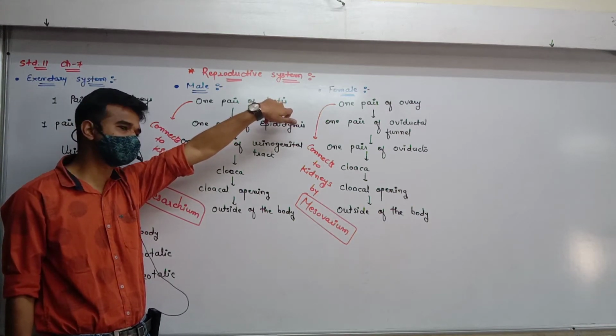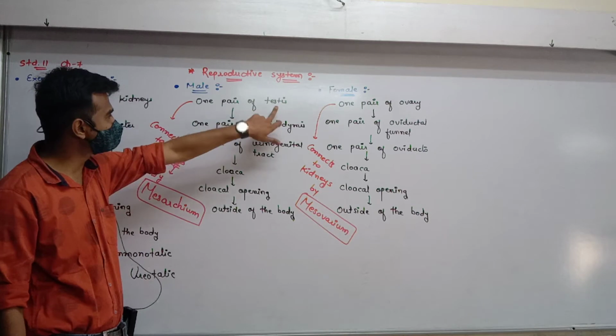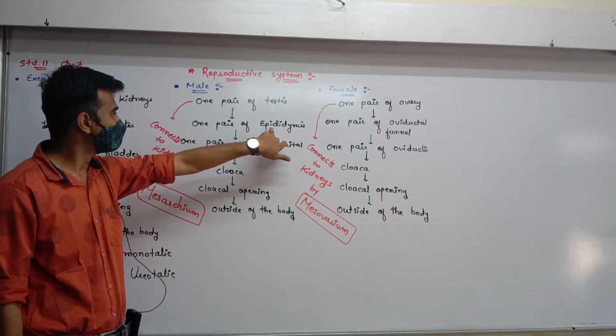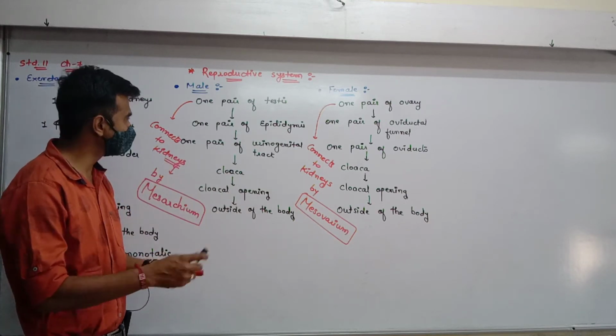This testis produces the sperms. Sperms are now entering the epididymis. Here I forgot that word, vas deferens.